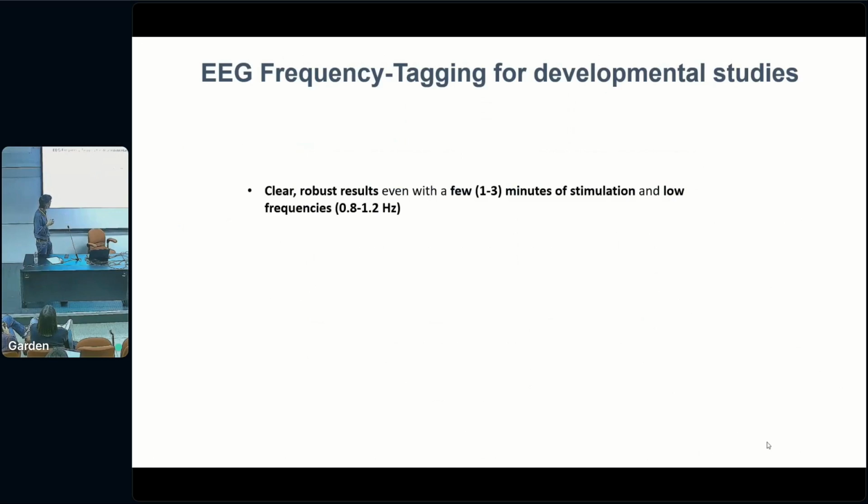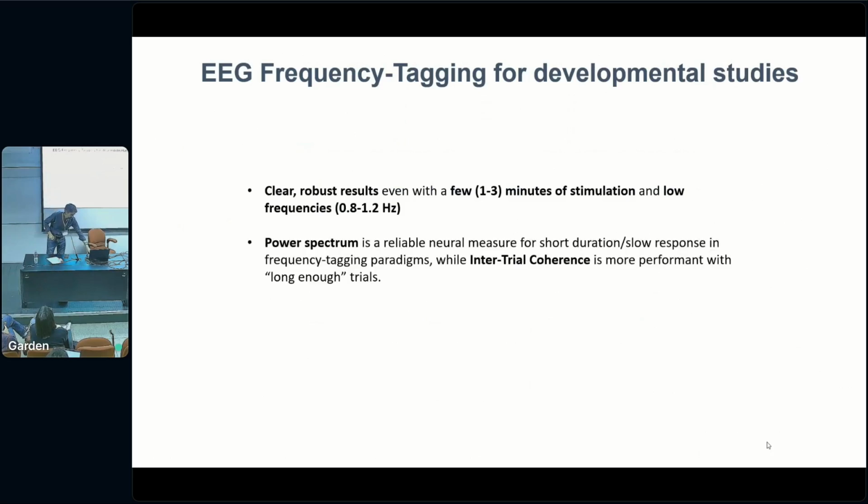So in only 1 to 3 minutes of stimulation and with very low frequencies in the delta frequency band, we could answer some important neurocognitive questions. Then I showed you with the simulations that while intertrial coherence is more performant with long enough trials, if you go down in statistics, it is more reliable to use the power spectrum or the evoked power spectrum.